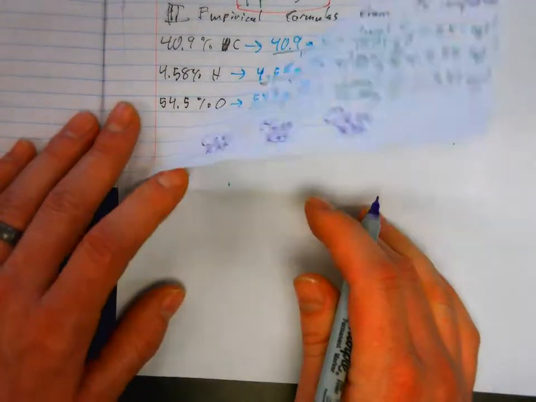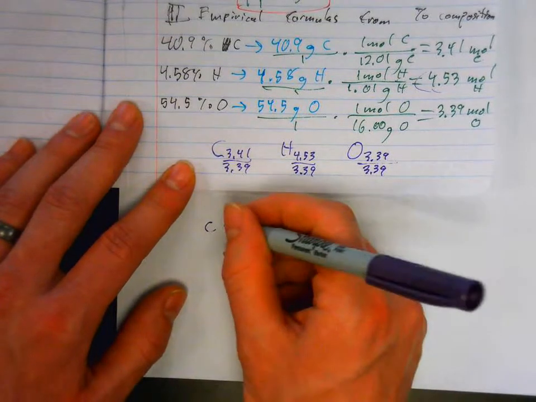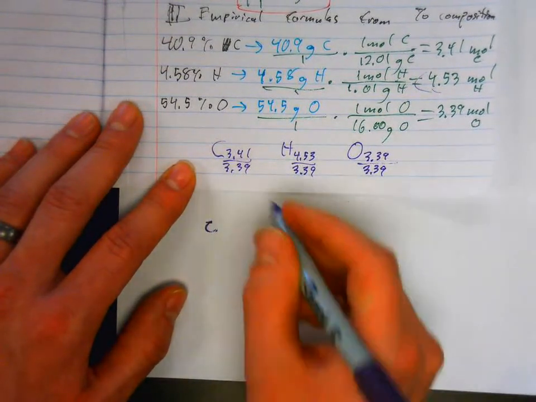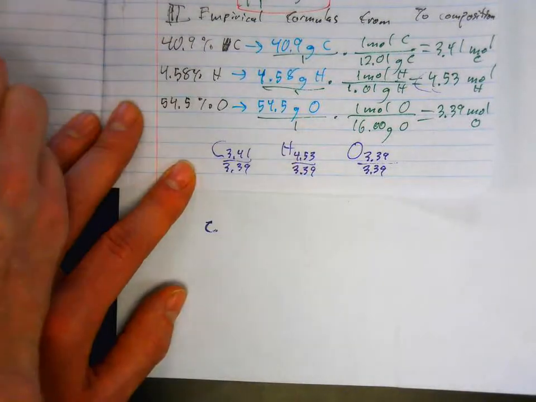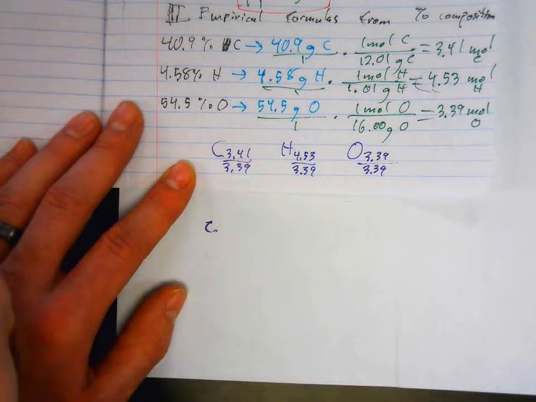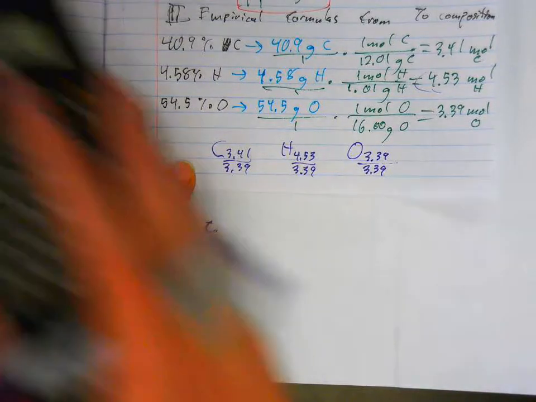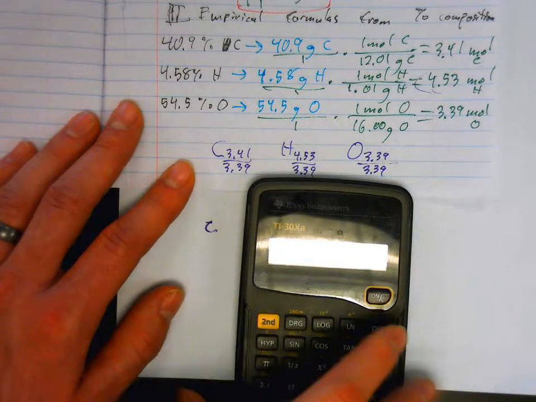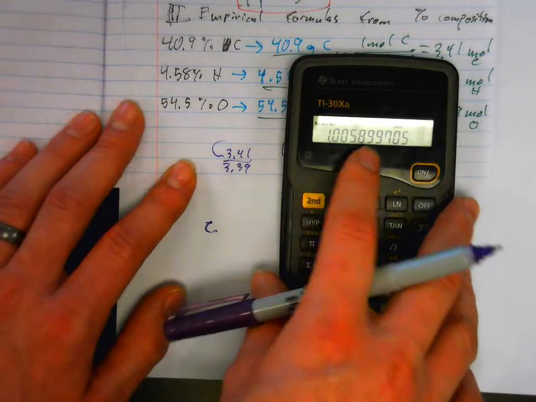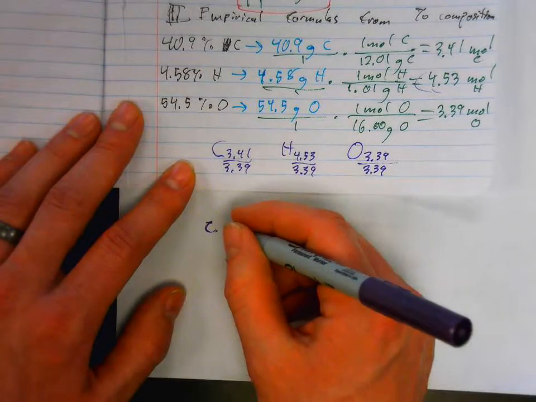For carbon, that number is going to be very, very close to 1. If you divide 3.41 by 3.39, it's very, very close to 1. So we're going to assume that one is 1.